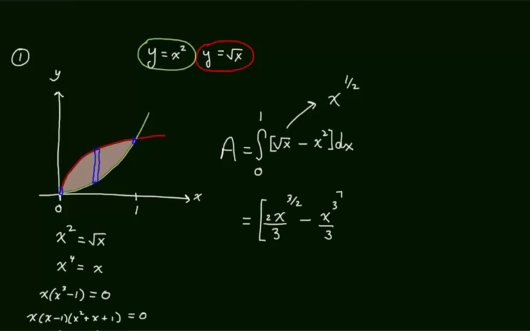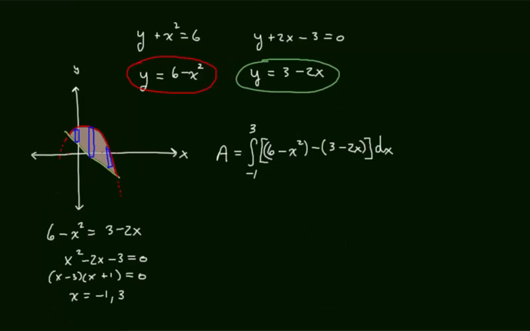By the fundamental theorem of calculus, I will take that from 0 to 1. I will first plug in the 1, which gives me 2/3 minus 1/3. Then I will subtract the values when plugging in 0, which come out to be 0. So the answer to this first area was 1/3.